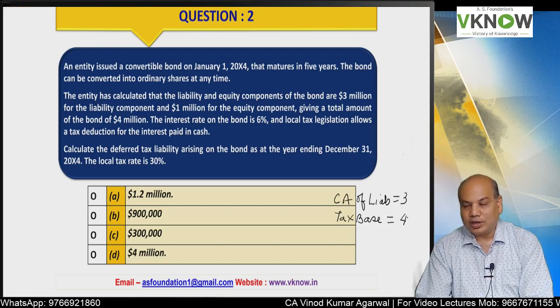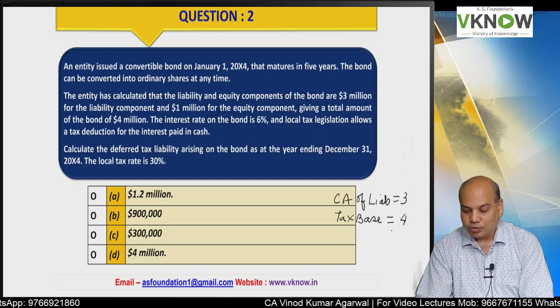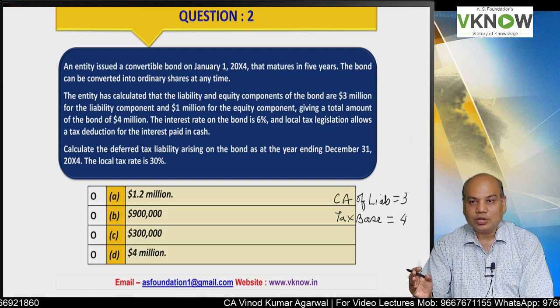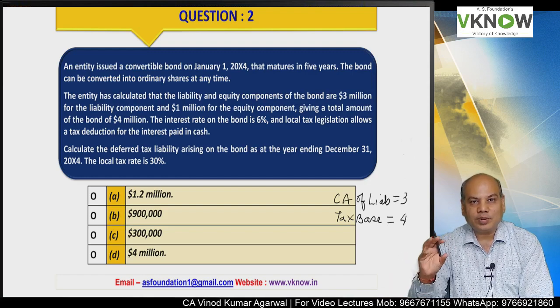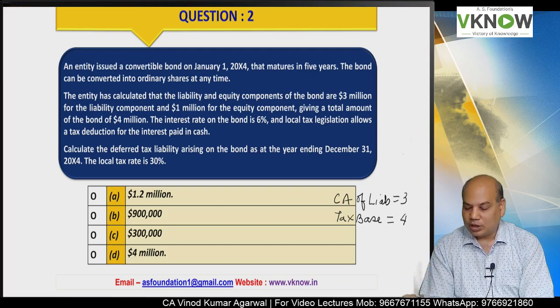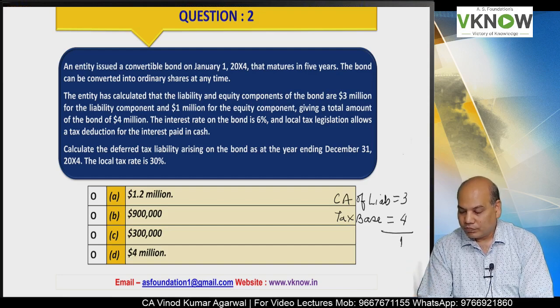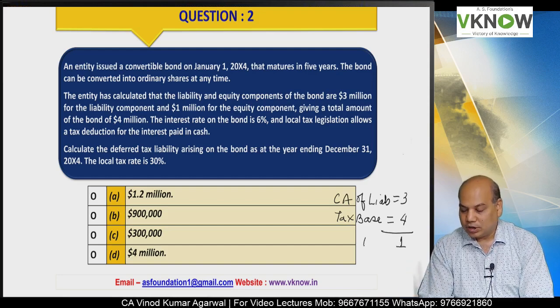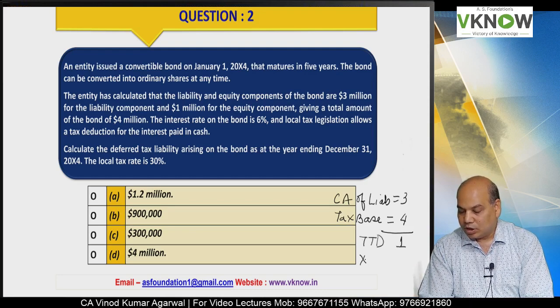Carrying amount of liability is less than tax base because income tax law does not distinguish between equity component and the liability component. For them it is a debt instrument worth 4 million. So there is a taxable temporary difference of 1 million into 30% tax rate.